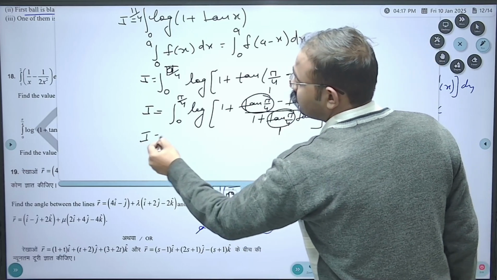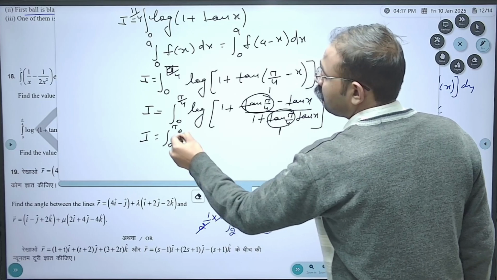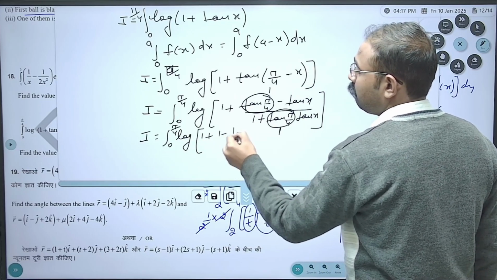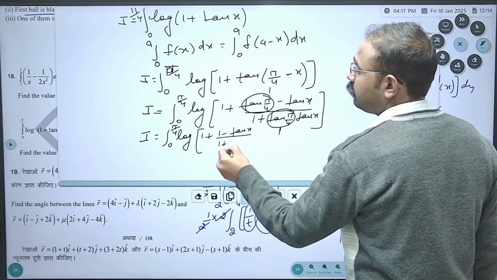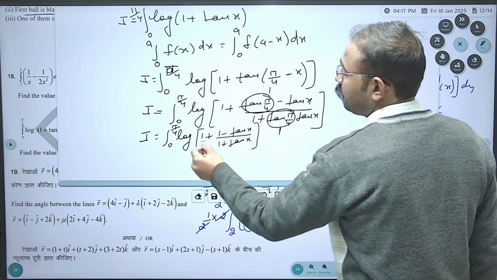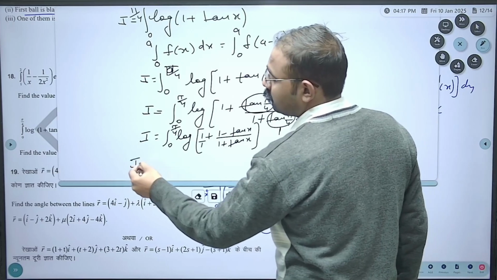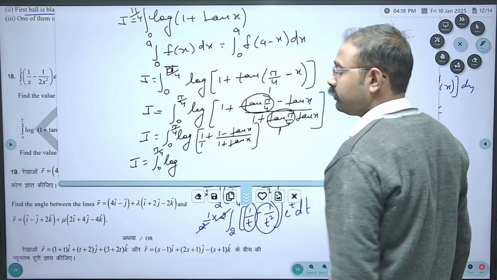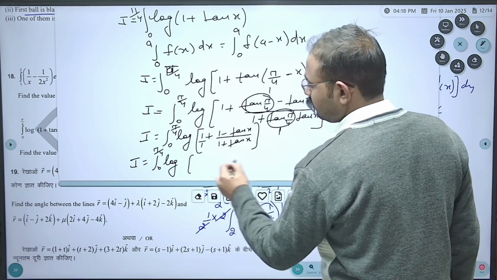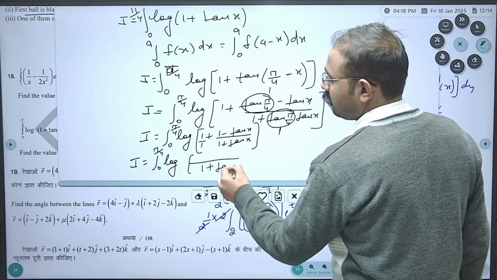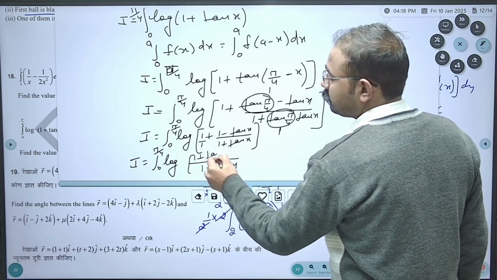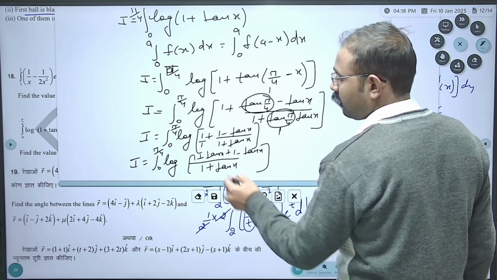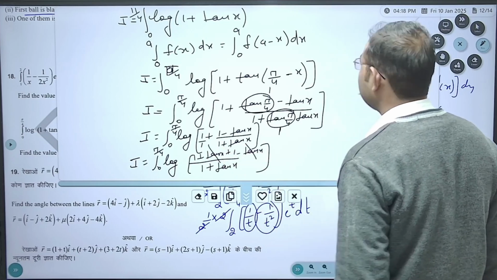So what we have, I is equal to integral 0 to pi by 4 log 1 plus (1 minus tan x) upon (1 plus tan x). Now we will take LCM and I is equal to integral 0 to pi by 4 log, LCM is 1 plus tan x, then 1 plus tan x plus 1 minus tan x, plus tan x and minus tan x cancel.